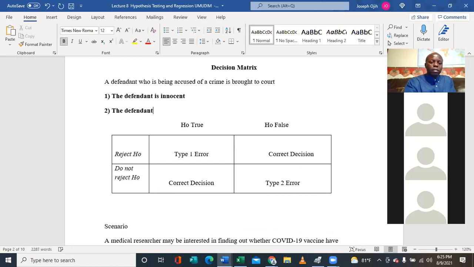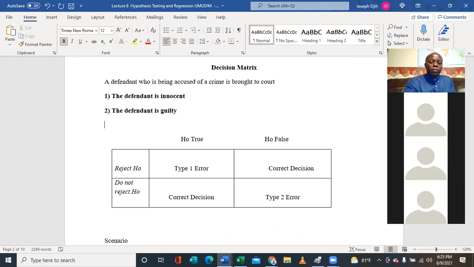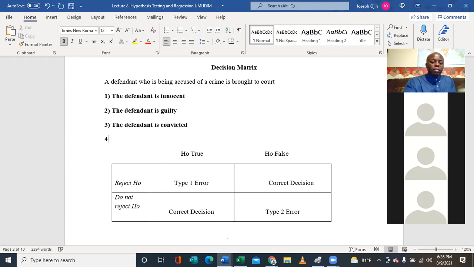The defendant is convicted. The defendant is acquitted. These are the 4 possibilities we have.